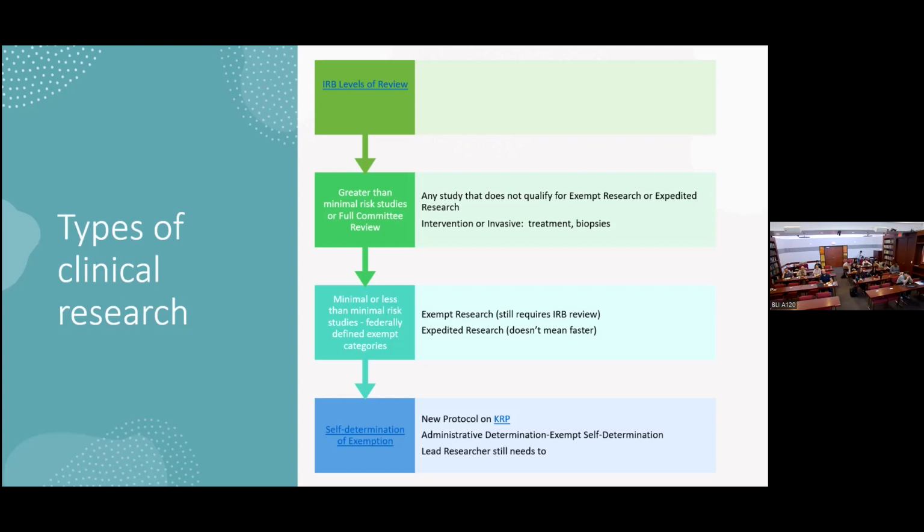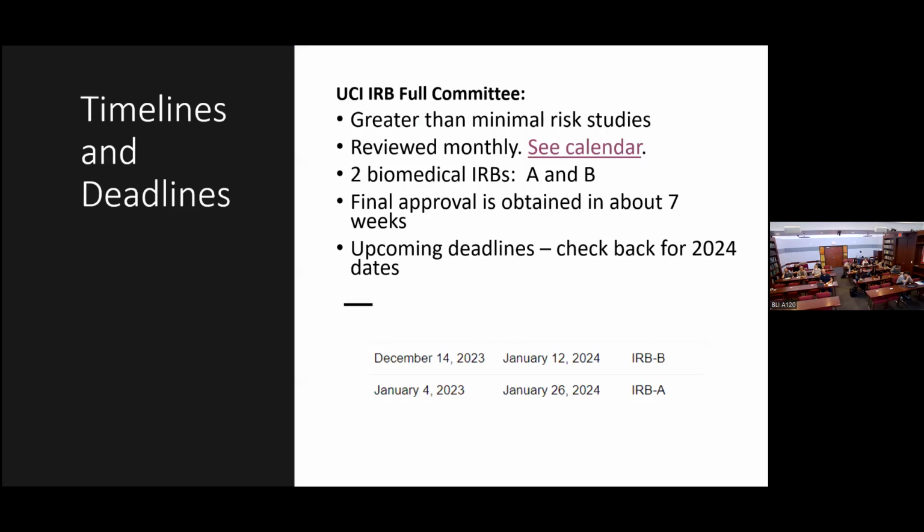But this stays on their protocol site, and it's an official determination by the IRB that you don't have to go through a review. That still means that the lead researcher is responsible for making sure that their study team is trained with the human subjects research training, and for keeping consent forms and all sorts of things. It still applies, but it's only the researcher's responsibility.